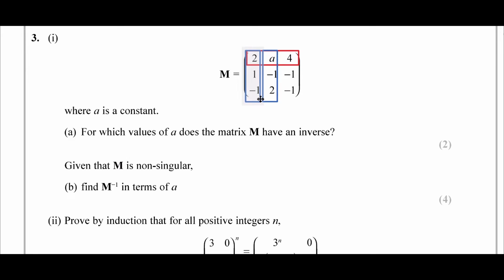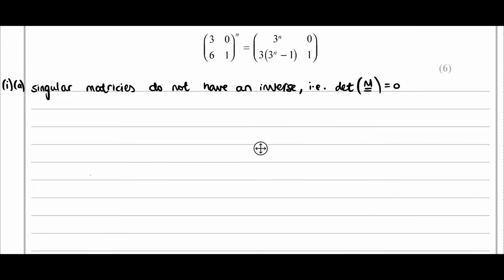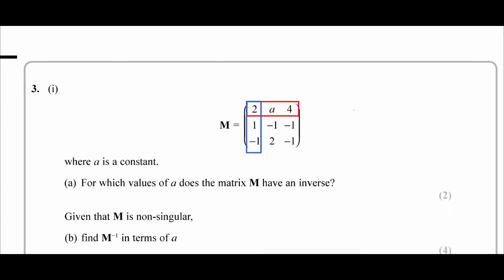So if we consider this over here, we've got two lots of the determinant of the rest. So let's just write that down. We have two lots of the determinant of -1, -1, 2, -1. And then considering the cofactors, it might help if I actually write this down.